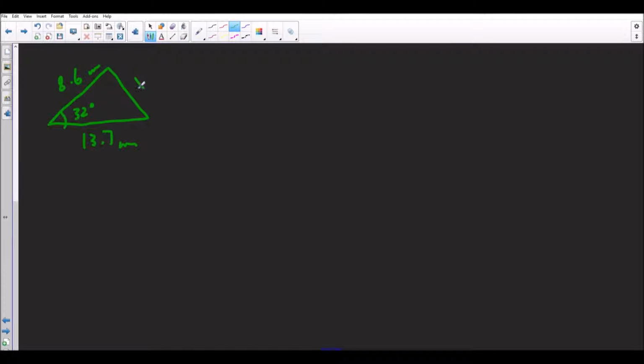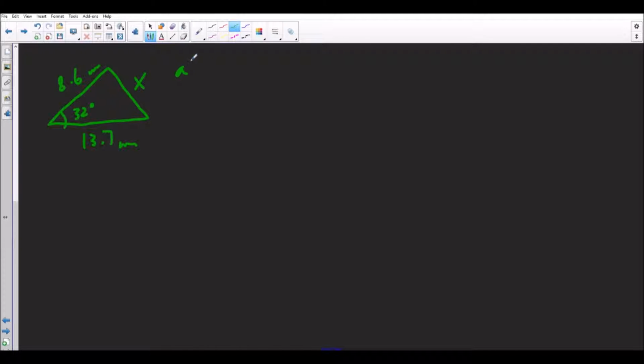And we're trying to find x. Now, you can ask, how do I know which law to use? Do I use the sine law or the cosine law? This one you can look at and see the sine law is not going to work because for the sine law you need an angle and a side across from it and an angle and a side across from it. We don't have that. So we're going to need to use the cosine law.